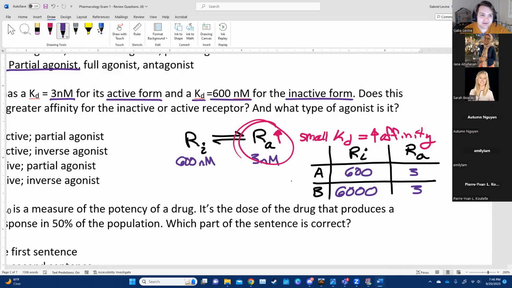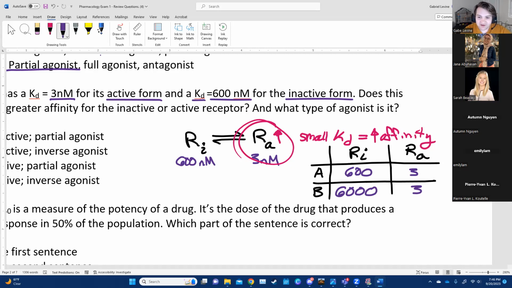So the rule is that if the ratio difference between the active form and the inactive form is greater than 100, then you would be considered a full agonist.